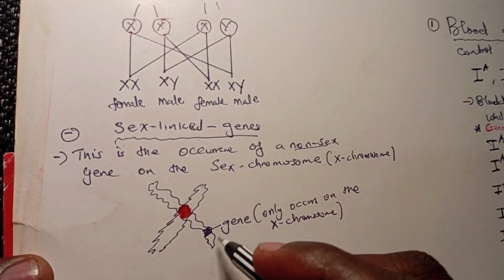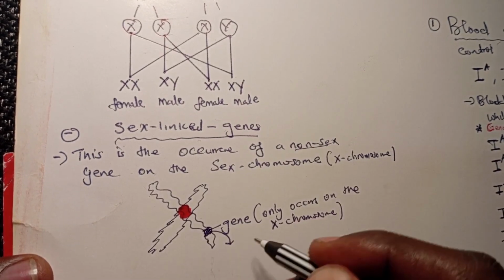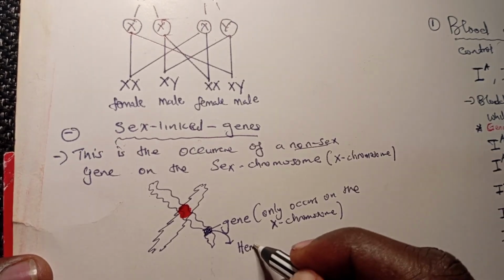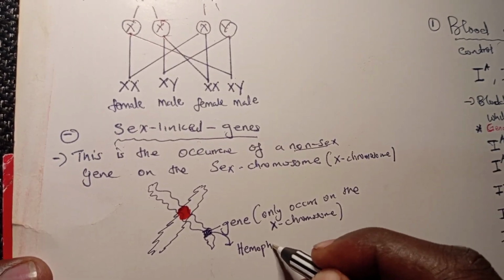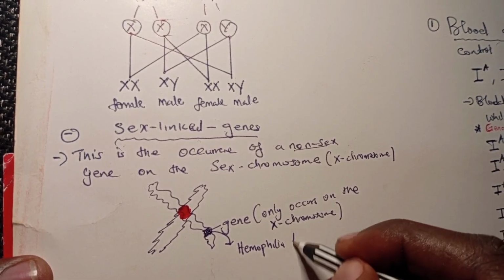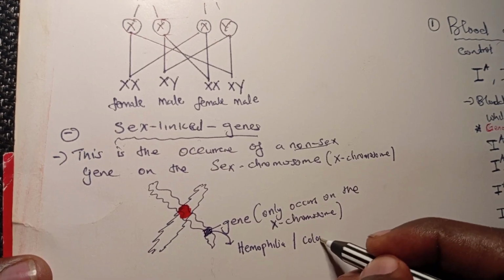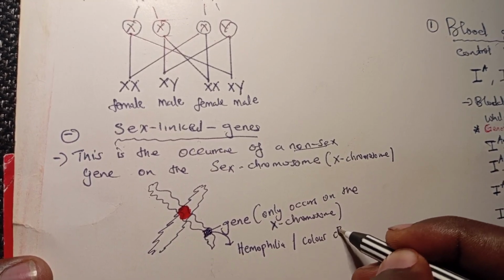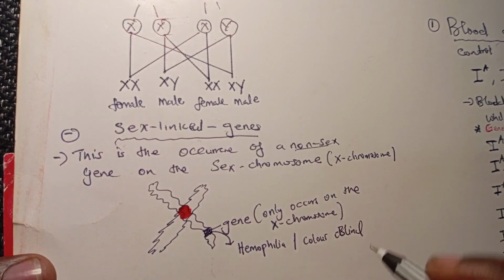So you can have a gene here. Let's say this gene here is what will result in what we call hemophilia. Hemophilia is a sex-linked disorder, okay? Hemophilia, or color blindness.